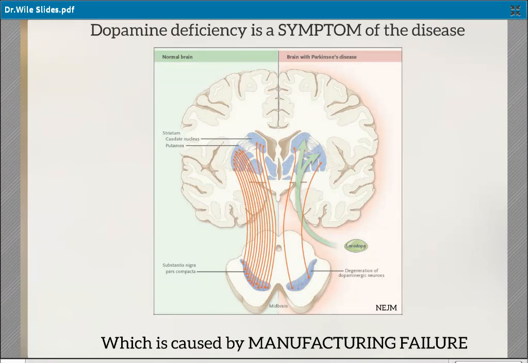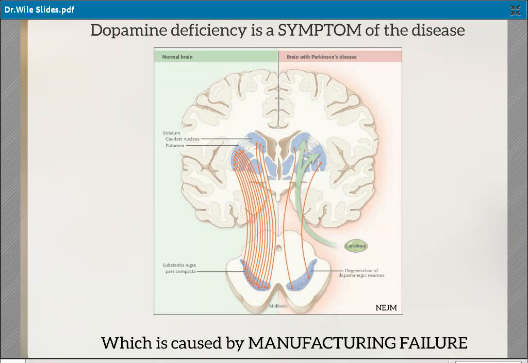And you can see these little red lines that send sort of connections, basically little tubes, to parts of the brain up more near the surface, but deep inside here, the basal ganglia. So these little tubes basically take the dopamine that's produced in these cells and release it where it does its job up in the basal ganglia.